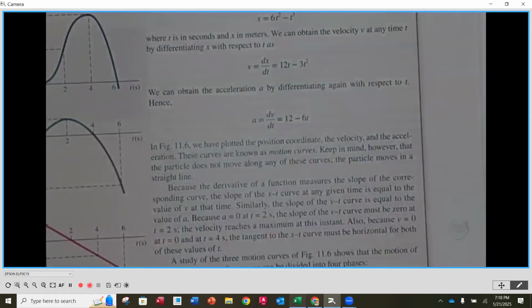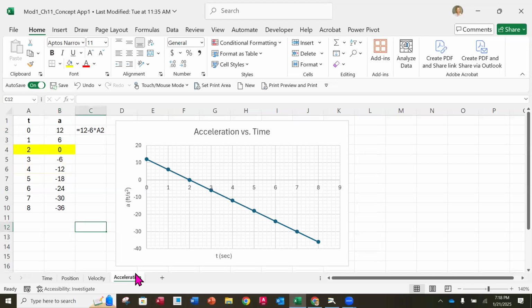So now we're going to go back, and I created an extra tab for the acceleration. And then you're going to see that we have that same thing. We've got acceleration as a function of time using that equation that we got from the derivative of the velocity. And again, title, the axes labeled with the appropriate units. And that's going to be that.